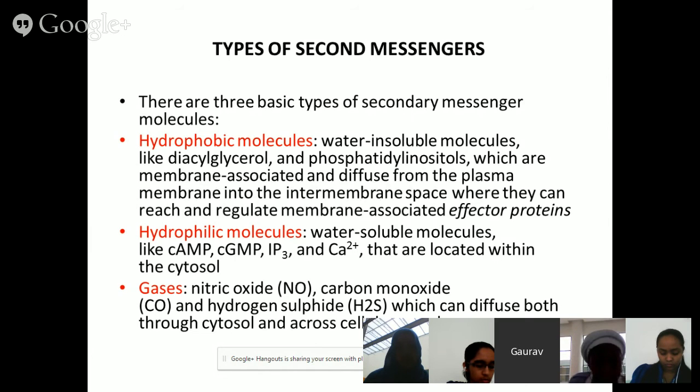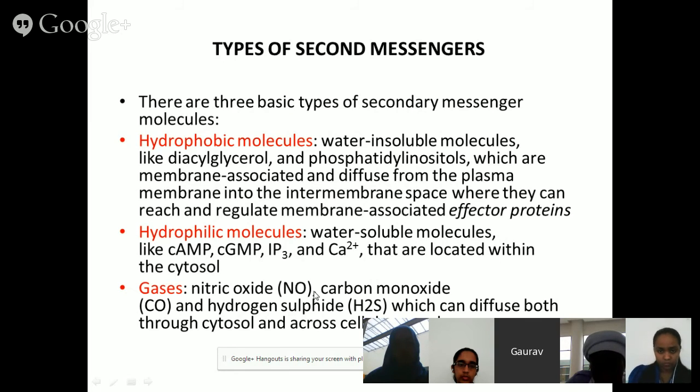So specifically there are three types of second messengers. First, hydrophobic. Hydrophobic molecules are water insoluble, so they can't move inside a cell, because inside a cell there is a liquid environment. These molecules can't dissolve in liquid, so they are always present on the cell membrane. Examples are diacylglycerol and phosphatidylinositols.